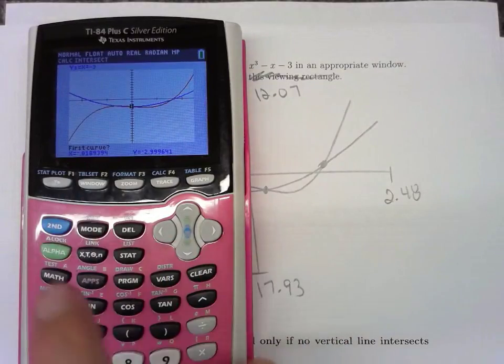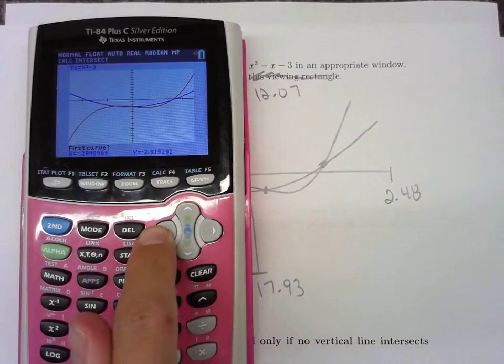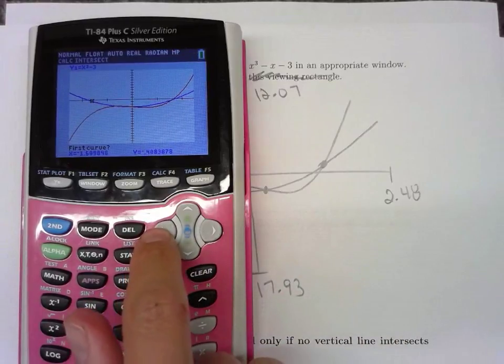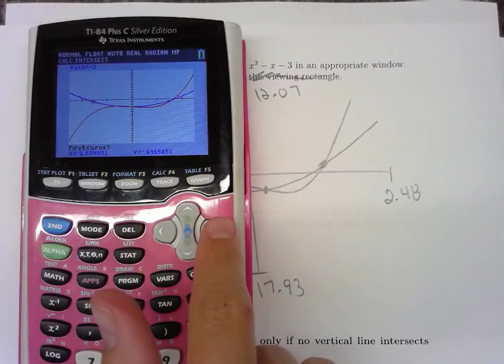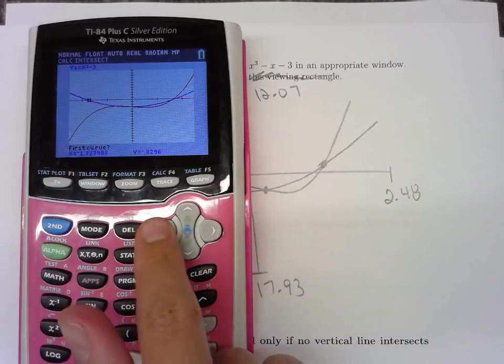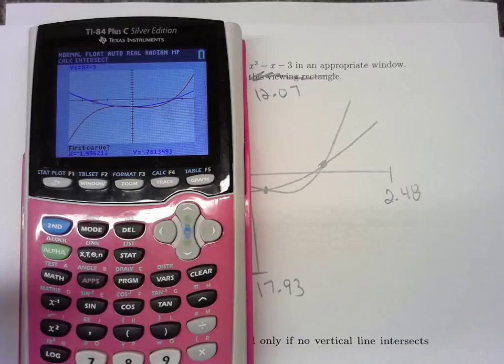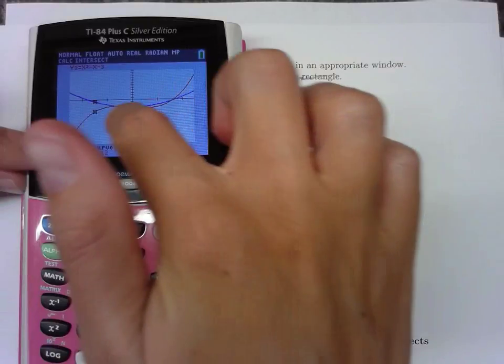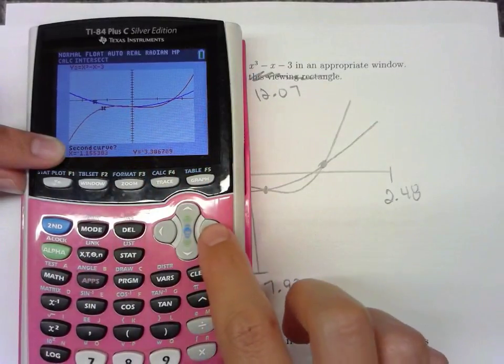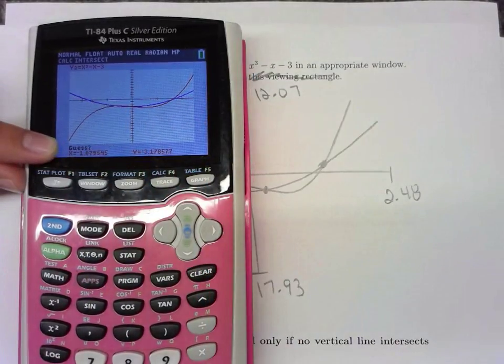Enter. Okay, it's asking for the first curve, which you can see if you press the left and right, it's actually on the red curve here. Okay, so you can get around your curves using the left and right button. So it's on the first curve, so look down here where it's asking for the first curve. Go ahead and press enter. Now second curve, it's actually jumped to the next curve. You can see that the cursor now is moving on the second curve, which is what we want.